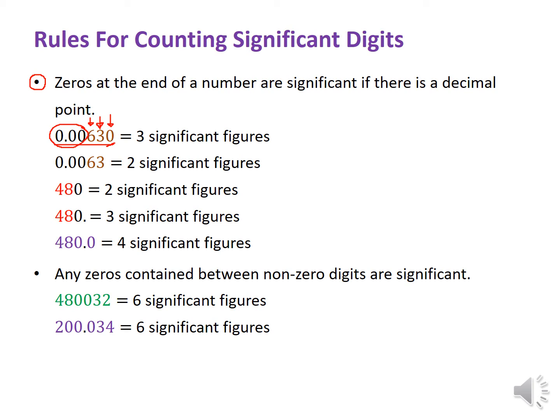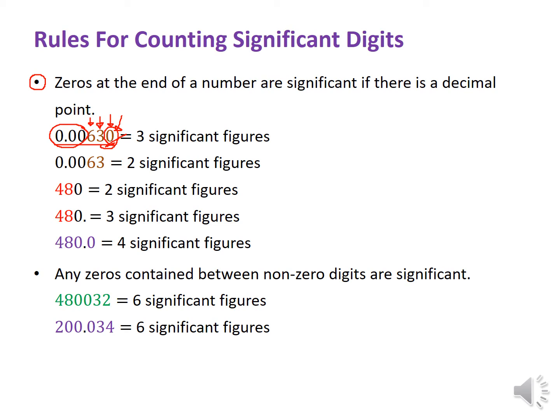This trailing 0 tells us that the measurement was made accurate to this last digit. This implies that it was measured up to the 100,000th digit.